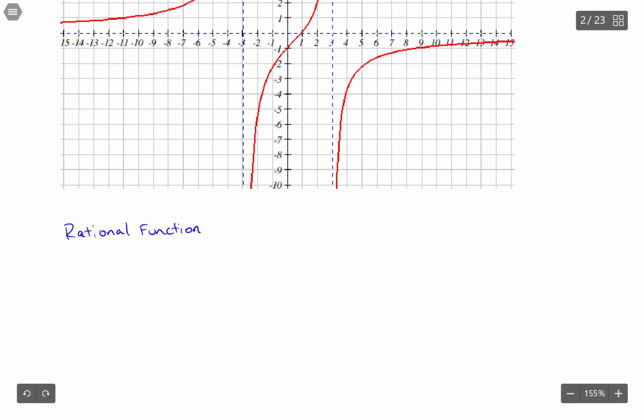We need to look out for x-intercepts, y-intercepts, horizontal asymptotes, and vertical asymptotes.